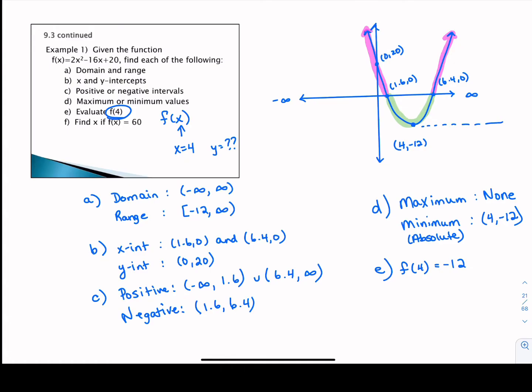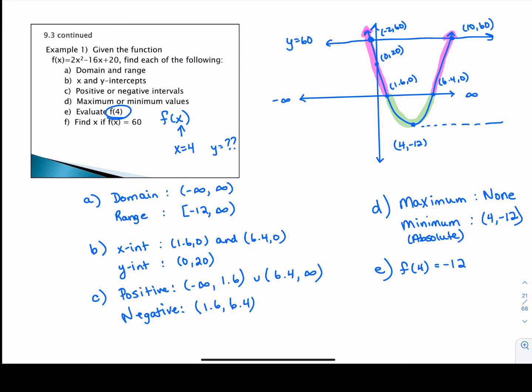The last question is looking for x values when we have specific y values. So this is where on your calculator we graph that line y equals 60. So excuse the poor sketch here, but we graphed that line y equals 60 and we found points of intersection at -2, 60 and at positive 10, 60.